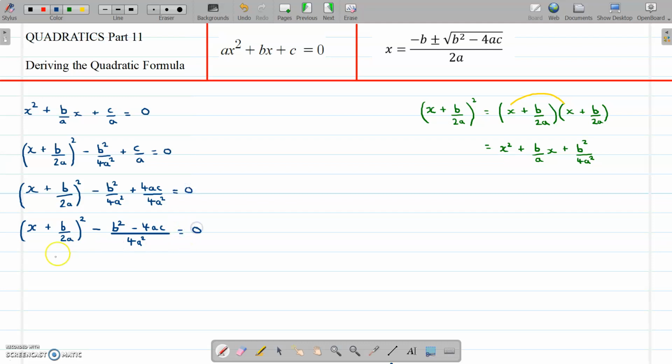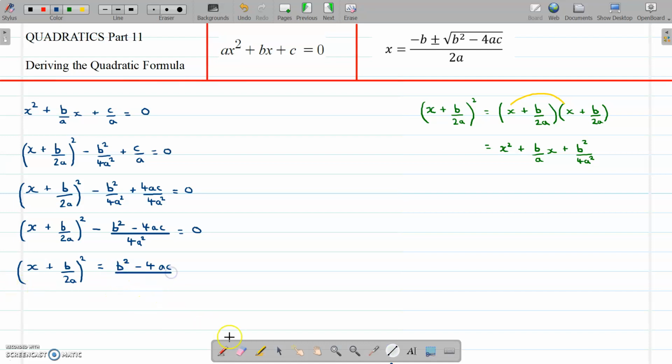Okay, so moving on from that, we can say that x plus b over 2a all squared equals, now, I'm simply adding all of that to the other side, b squared minus 4ac, okay, and all of that is over 4a squared.